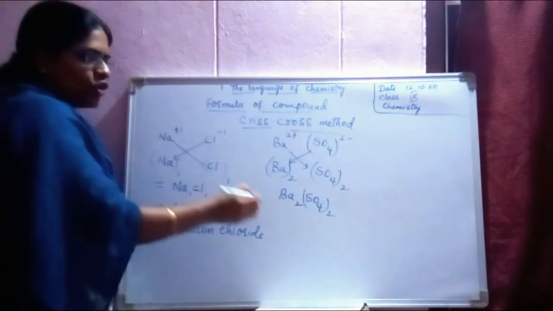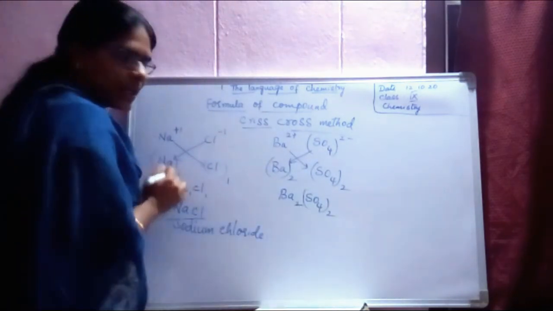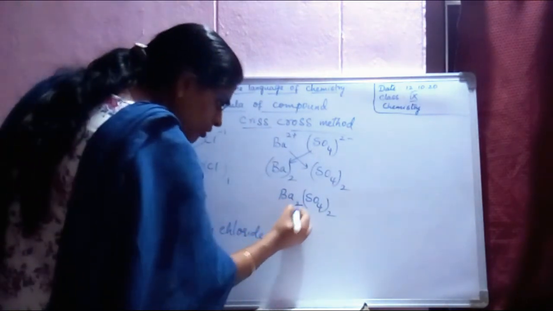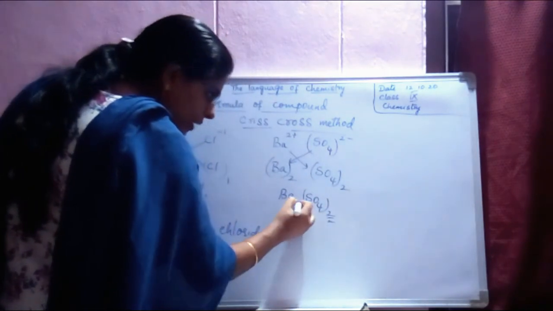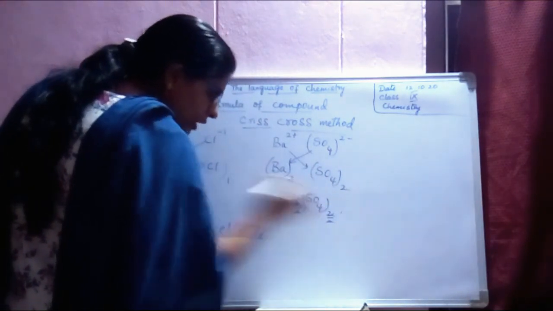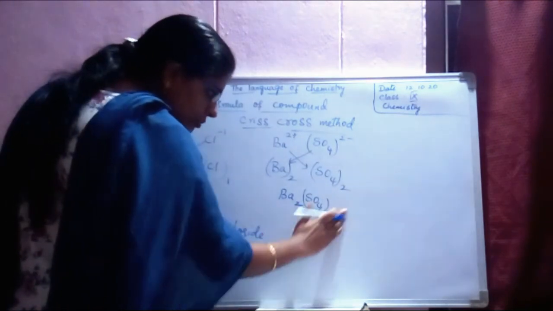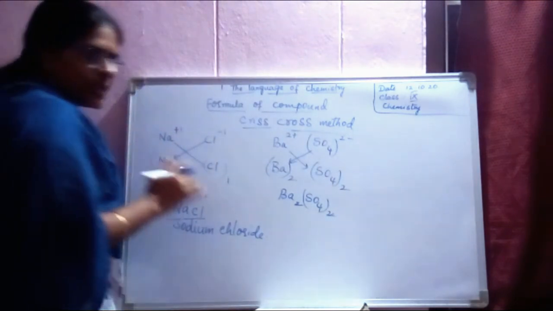Now look here. Both are 2, and it is divisible by 2. Hence, don't leave it like that in the exam. I am showing you, 2 how many times? 1 time. 2, 1. Like this, if they are divisible, then you can divide, otherwise leave it.